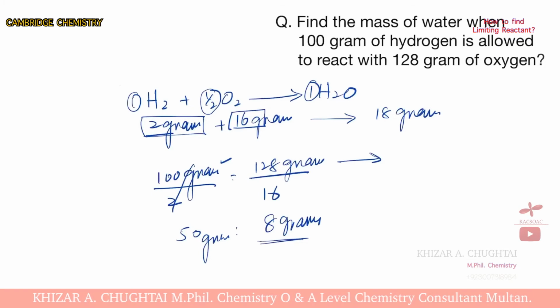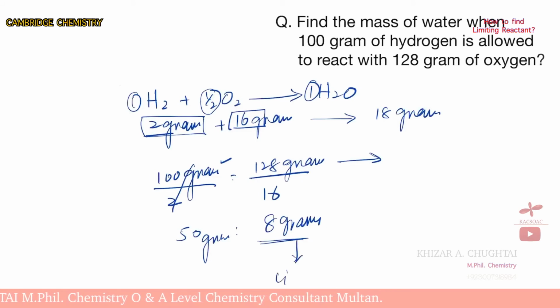As you know, 8 is the smaller value. So in this reaction, oxygen is the limiting reactant.